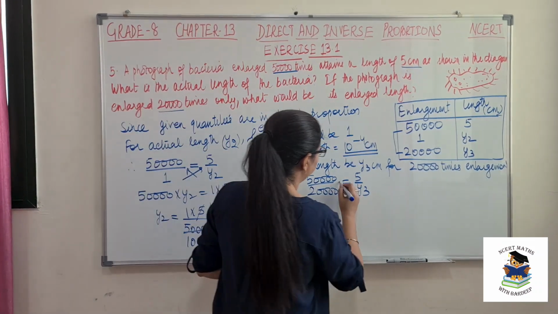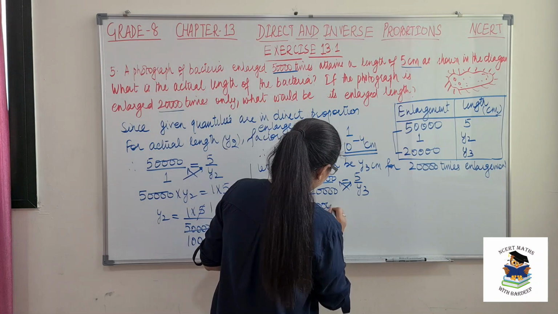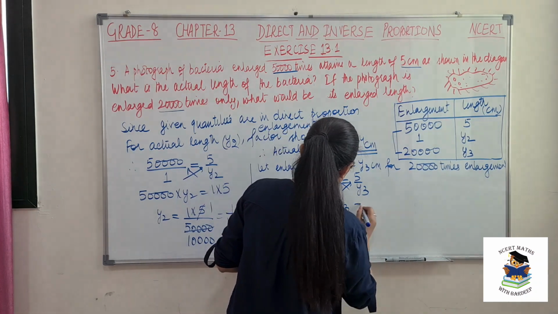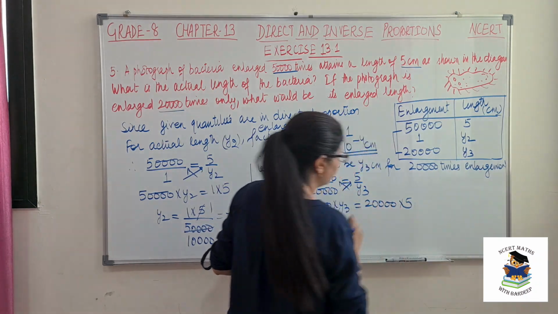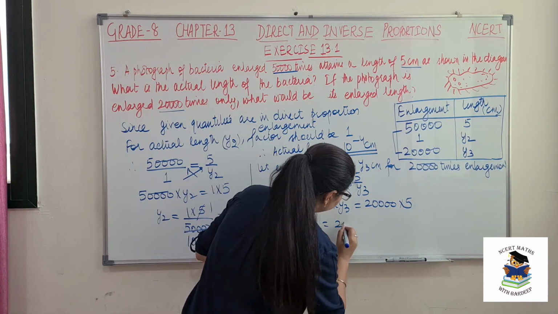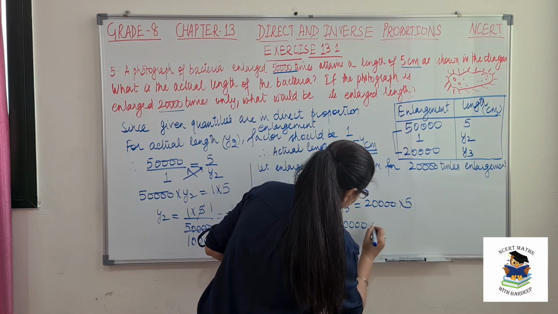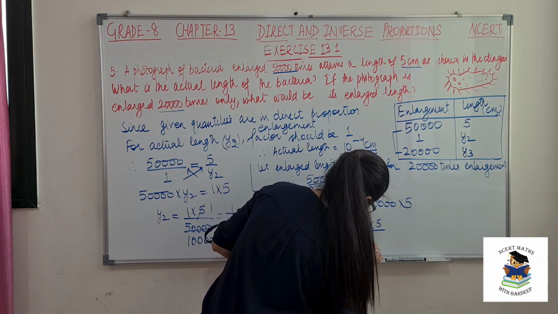So again cross multiply them. So 50,000 multiplied by y3 is equal to 20,000 multiplied by 5. So now what is y3? This is 20,000 into 5 over 50,000.